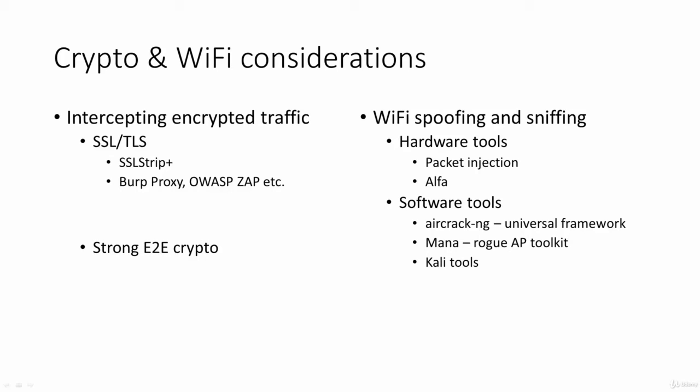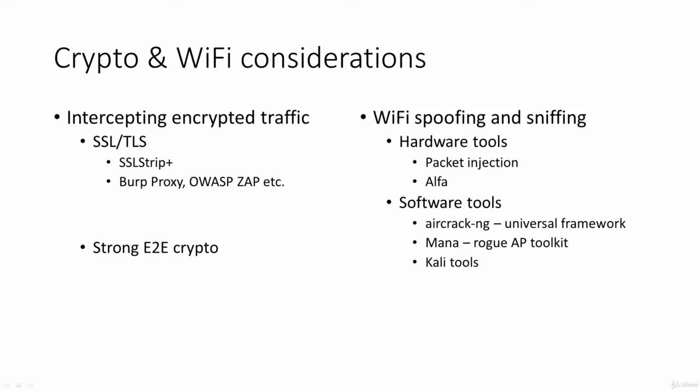So in order to observe what's going on, in order to dynamically analyze the communication between the mobile application and the web service, you will have to unwrap this SSL. For that you will most probably use either Burp or OWASP ZAP proxy. Both of them are quite capable in this regard, but there is also a situation when you will be dealing with some general spoofing and sniffing, and then SSL strip is your tool of choice.